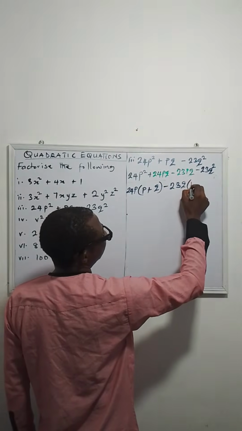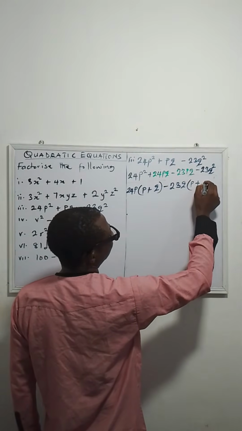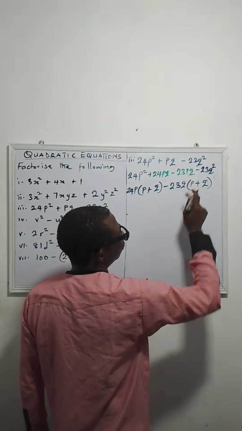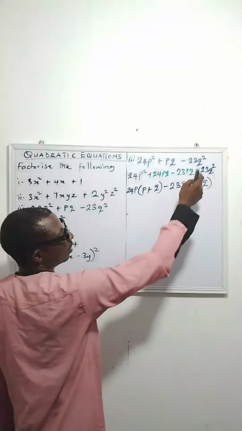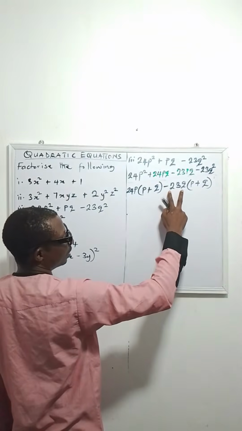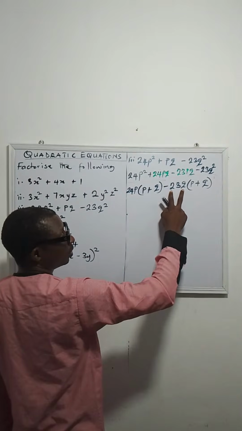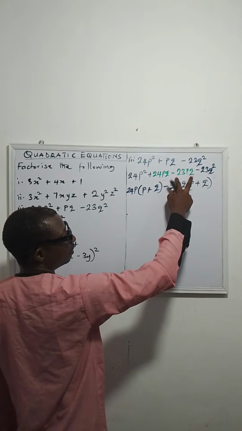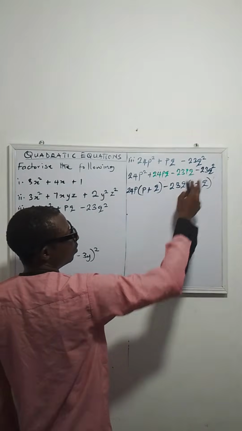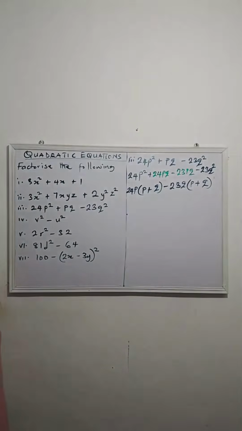We are left with p plus q. Don't forget this sign will change because we have already factored out the negative here. And you can see if you open the bracket with negative 23q, when you use this to multiply this, you have this. This times this, you have what you have there. So that is that.